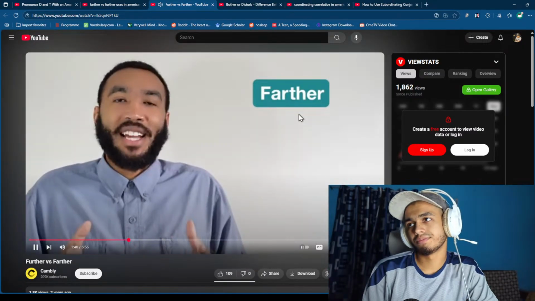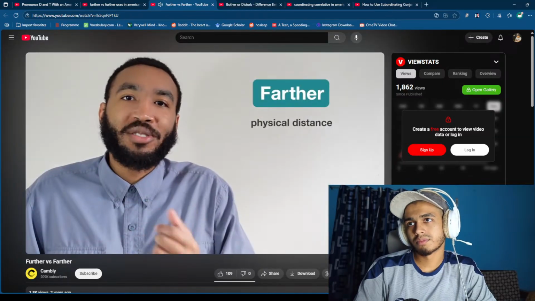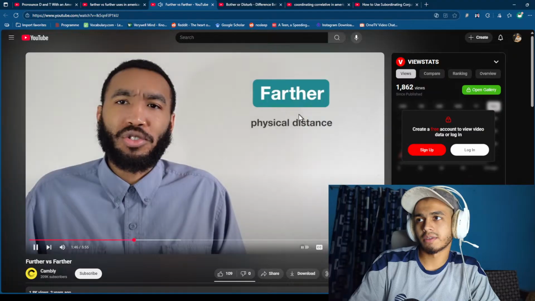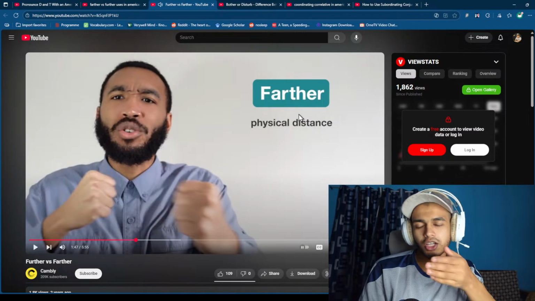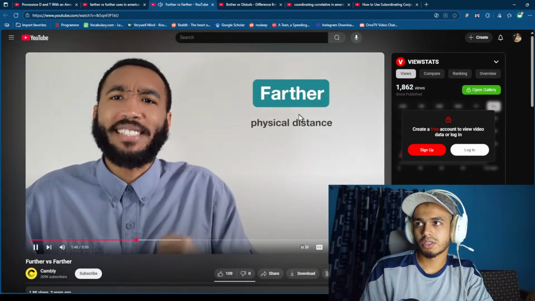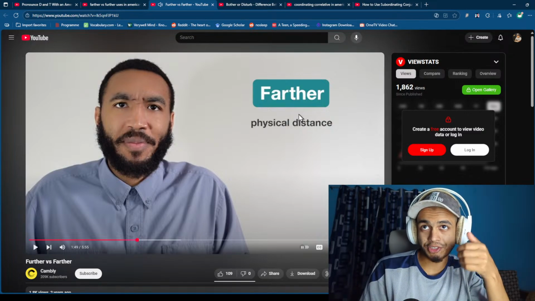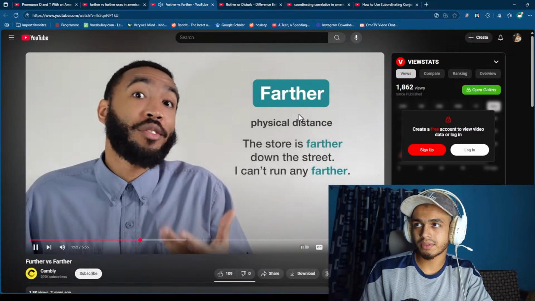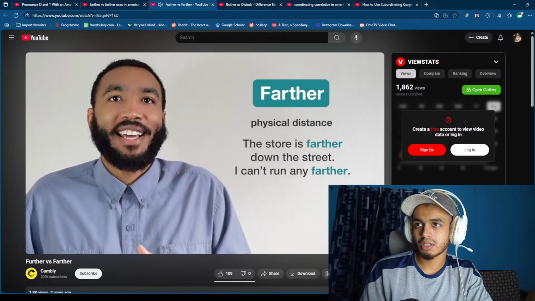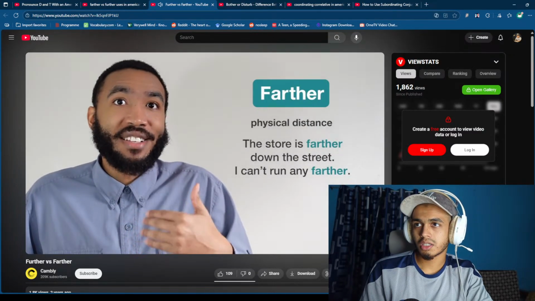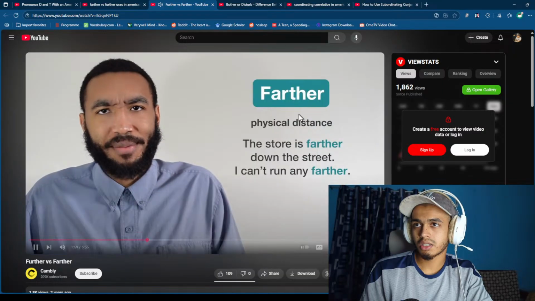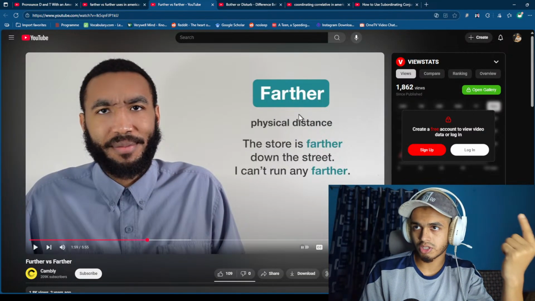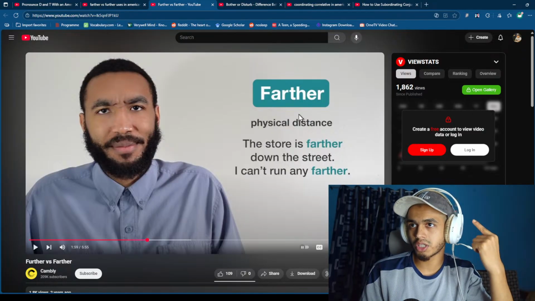Now, farther is also an adverb, and it is used to describe physical distance. An example of farther in a sentence is: the store is farther down the street.